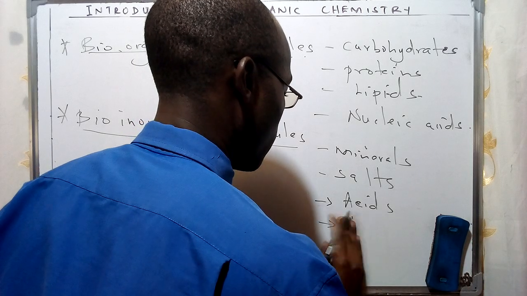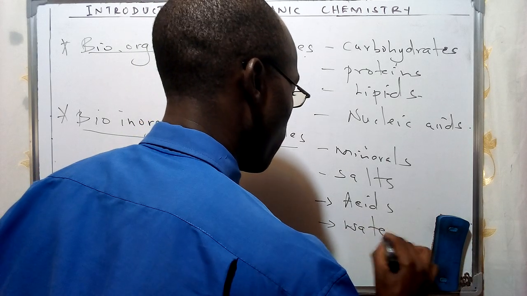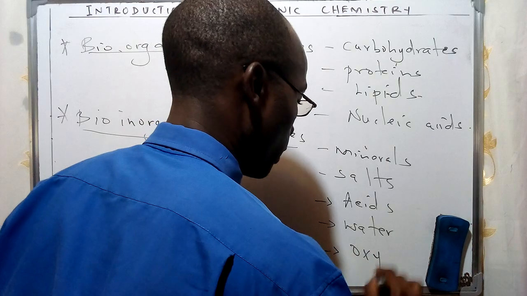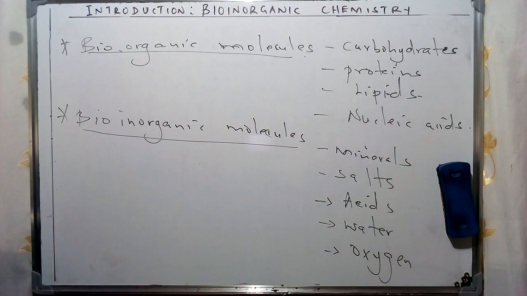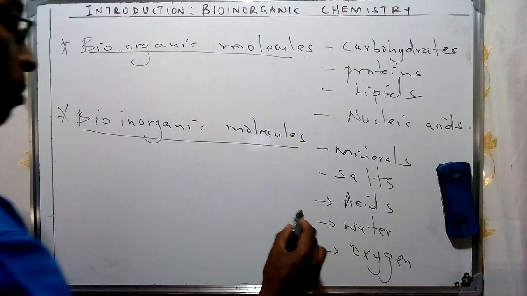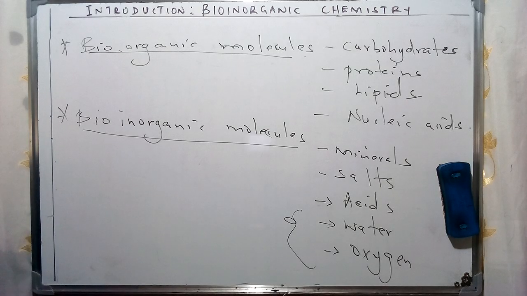We can give specific examples like water, and perhaps oxygen, since we are going to use them in some of our discussions, as examples of applications of these topics which we will come across in our subsequent discussions.